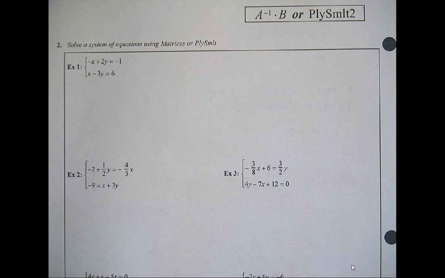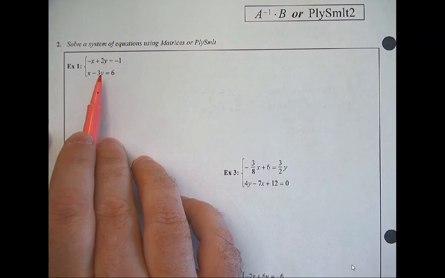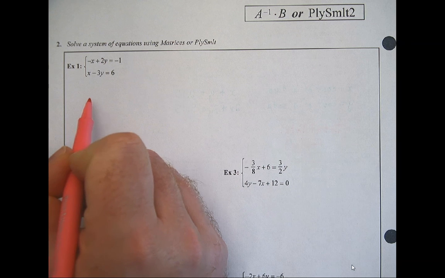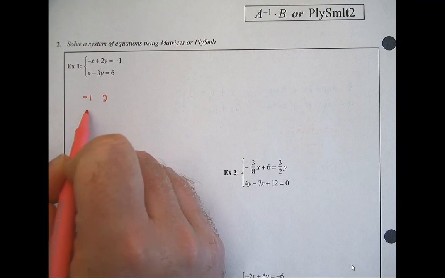So you want to think about this system of equations as 3 matrices. I'm going to make first what's called the coefficient matrix. -1, 2, 1, -3.